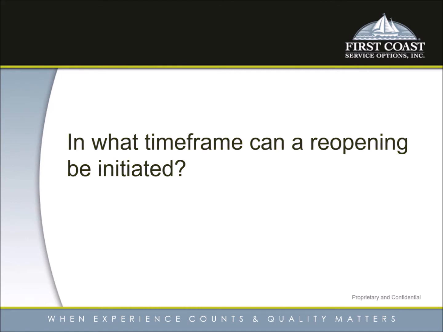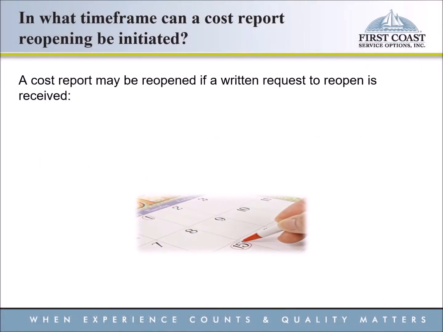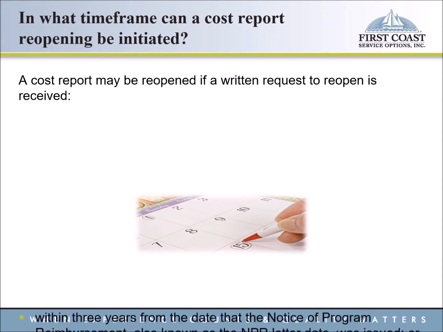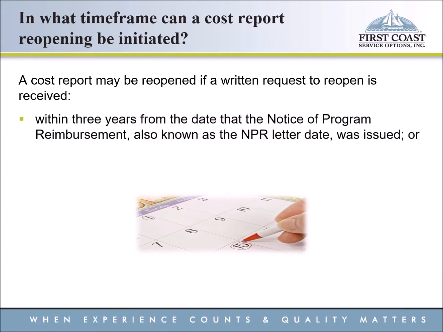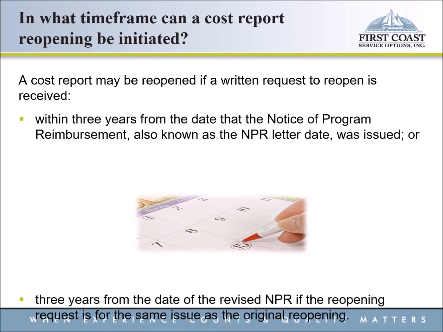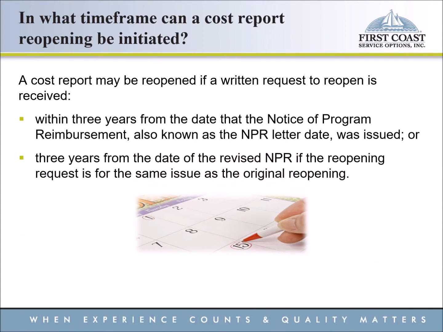In what time frame can a reopening be initiated? A cost report may be reopened if a written request to reopen is received within 3 years from the date that the Notice of Program Reimbursement, also known as the NPR letter date, was issued, or in the case of a previously reopened cost report, 3 years from the date of the revised NPR if the reopening request is for the same issue as the original reopening.